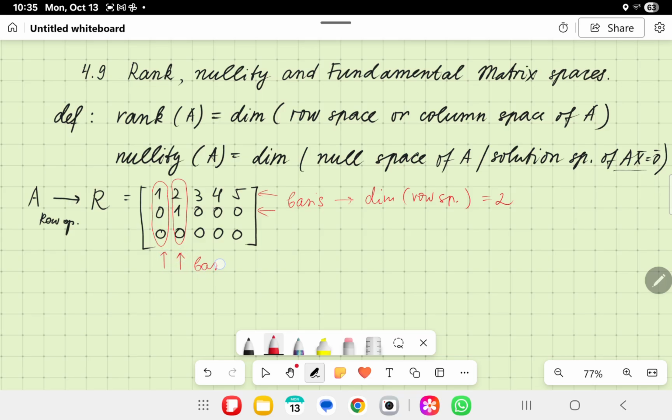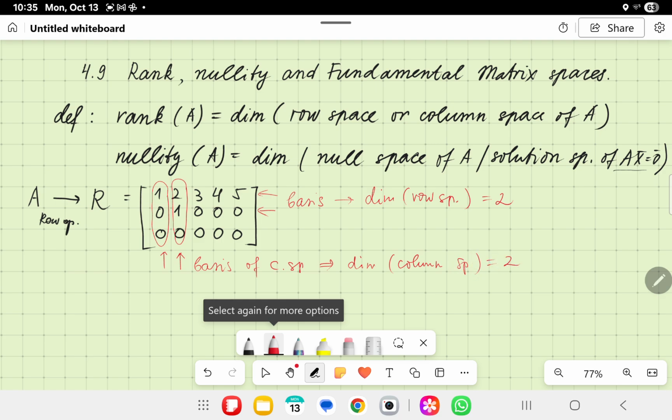So this gives a basis of the column space, and the dimension of the column space here is also 2.